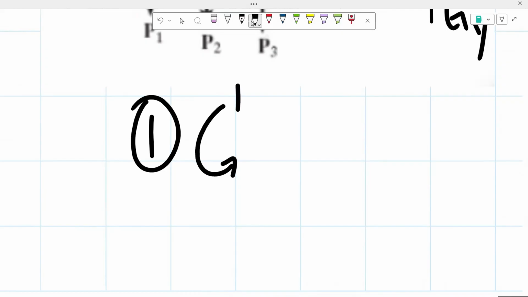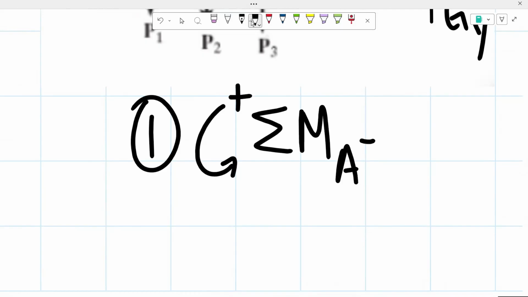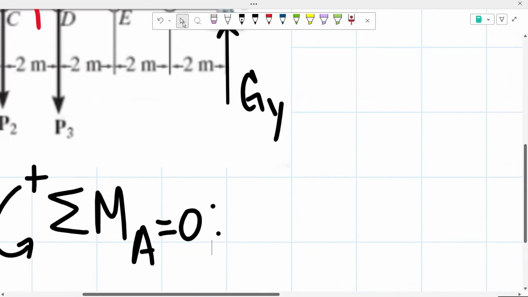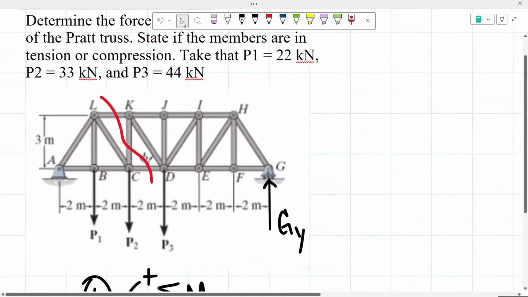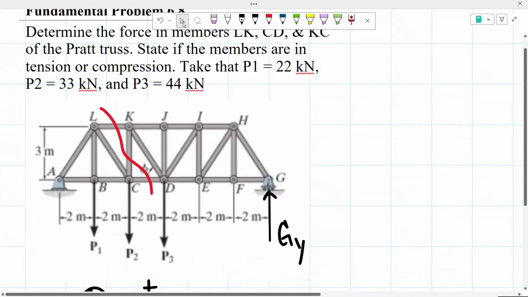So counterclockwise positive, the sum of the moments about point A has to equal 0. From there, we look up here. We know that a moment is equal to the force times the distance.